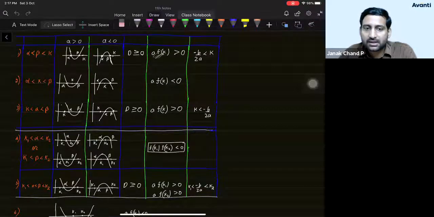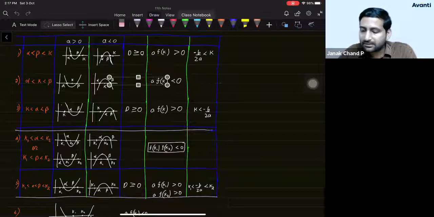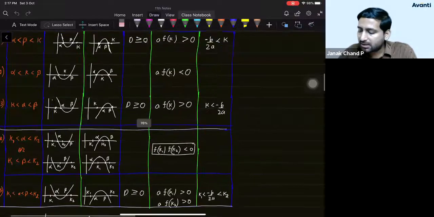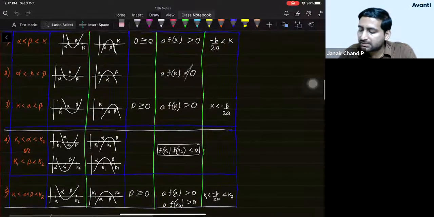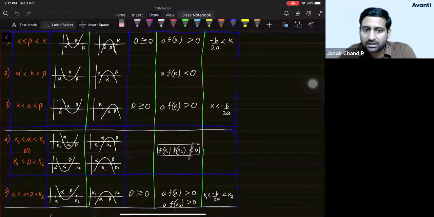The value of the function times a will be positive, negative, positive, negative, positive. So it is alternating plus and minus. The only thing you should keep in mind is that only in the second line and in the fourth line it is negative. In all other cases it will be positive, right? Only in the second line and fourth line it is negative. Remaining all cases it is positive.